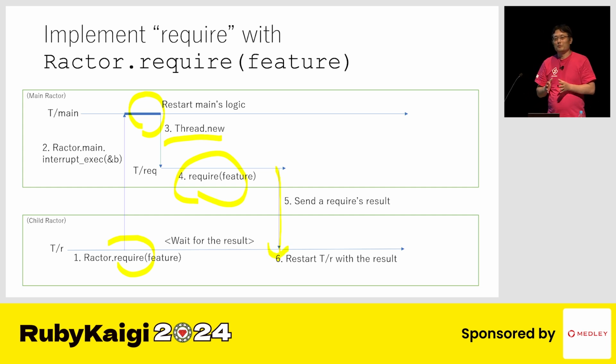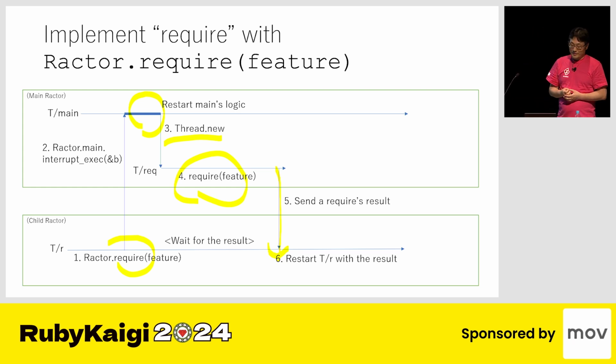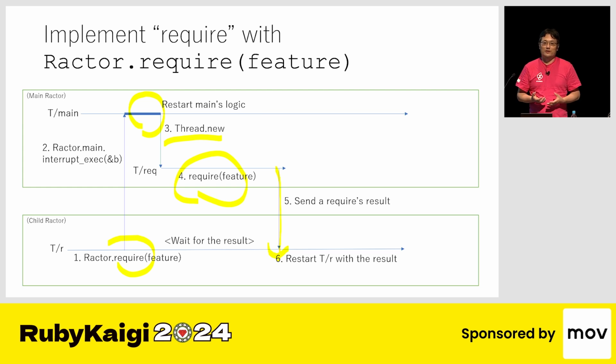In most cases, require will succeed, so it returns true or false. But sometimes it can raise an error, like a LoadError, where there is no such feature, or some exception in the code. So we need to know what kind of error was raised, and we need to wait for the require result in our child Ractor.